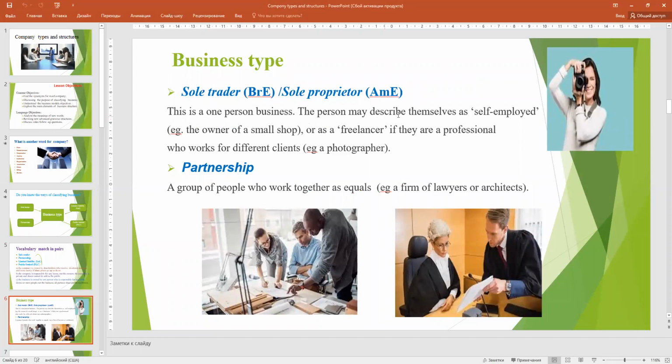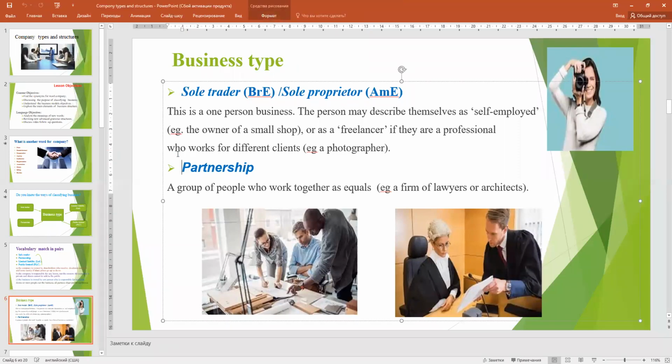The person may describe themselves as self-employed, the owner of a small shop, or a freelancer if they are a professional who works for different clients, for example, a photographer. And you can see a group of people who work together as equals. This is a partnership. A firm of lawyers or architects is also called a partnership.